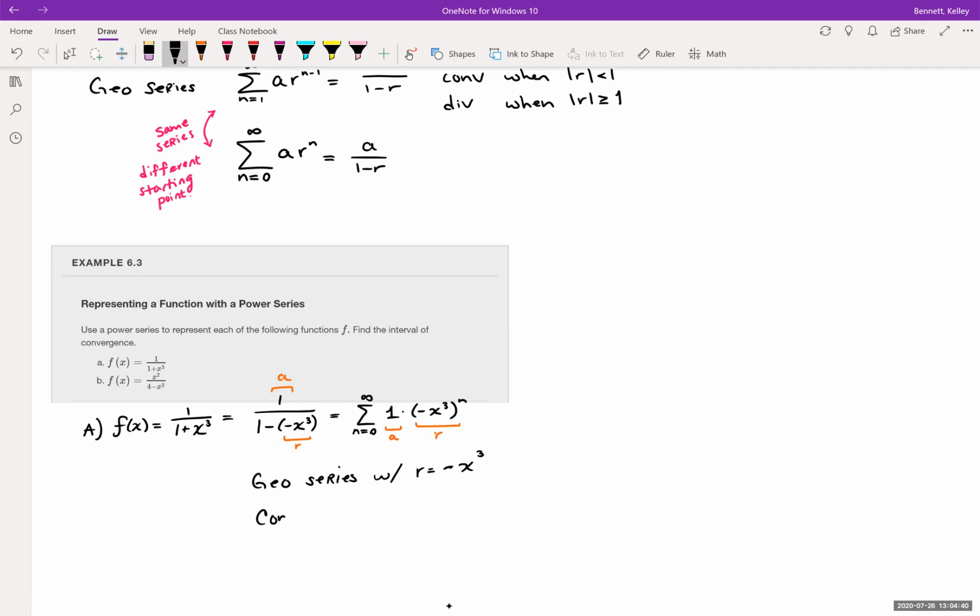So it converges whenever the absolute value of negative x cubed is strictly less than 1. So I'm going to get negative 1 less than negative x cubed less than 1.